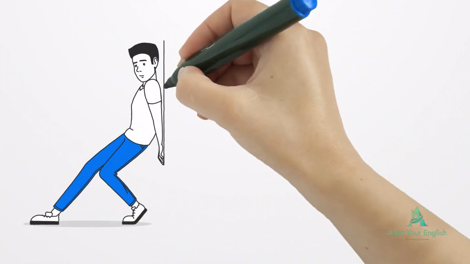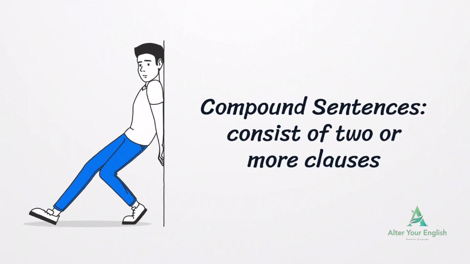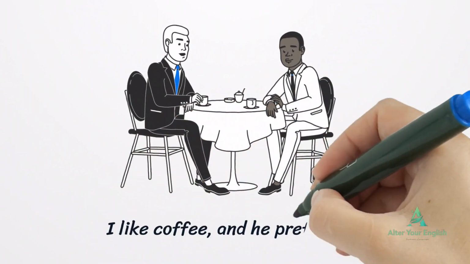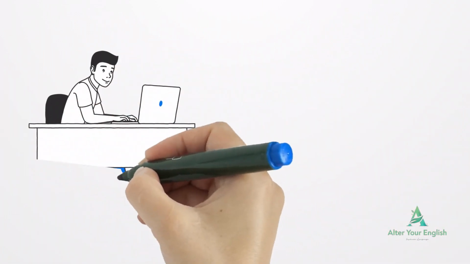Another classification is compound sentence. Compound sentences consist of two or more independent clauses joined by coordinating conjunctions like and, but, or. For example, I like coffee and he prefers tea. Another example, I want to go to the party, but I had too much work to do.